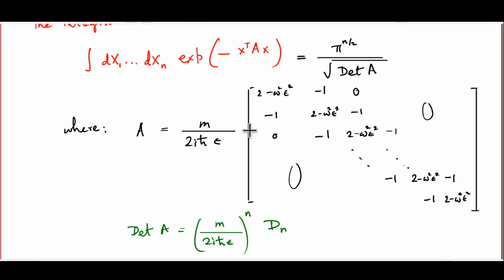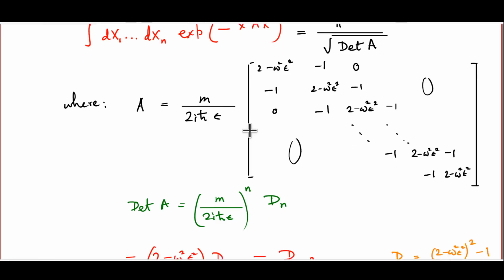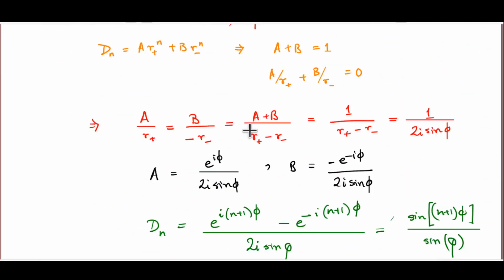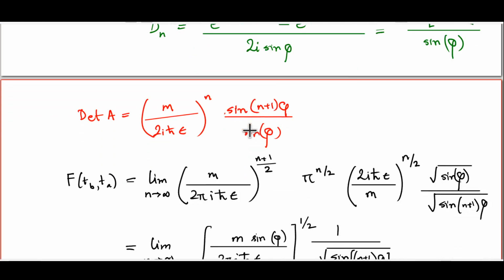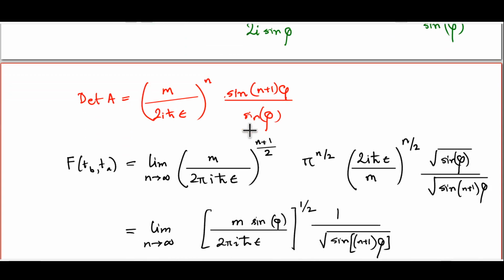Taking into account the factor that we have from the measure, you ultimately end up with this expression for the normalization factor F of t_b, t_a: a limit as n goes to infinity of m by twice pi i h cross epsilon to the power n plus 1 by 2.